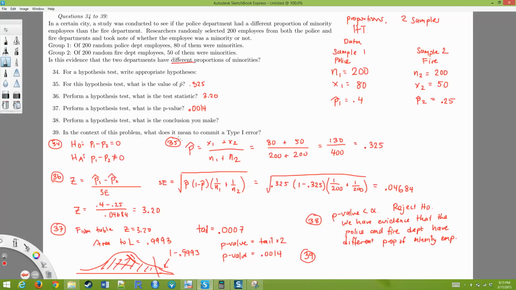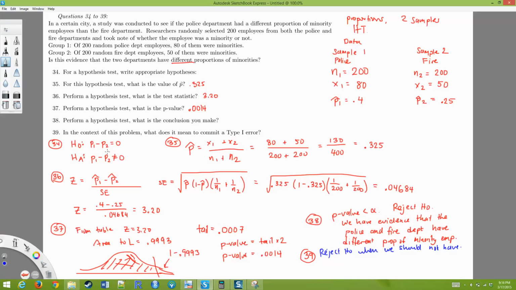And lastly, in the context of this problem, what does it mean to commit a type 1 error? Type 1 error is rejecting the null when we shouldn't have. So what does it mean here? In this case, it means the null hypothesis is true.